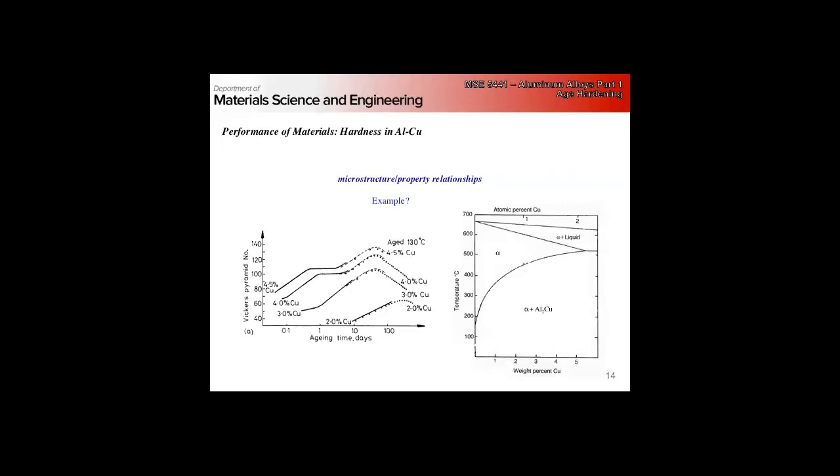Yeah. The practice example, to assess what the microstructure is like in the condition. It's just that your particles are growing by Ostwald ripening, right? And so they're getting farther apart. So that means it's easier to bow dislocations.